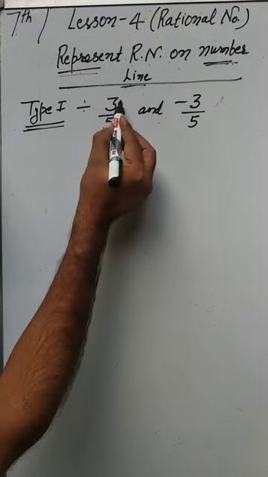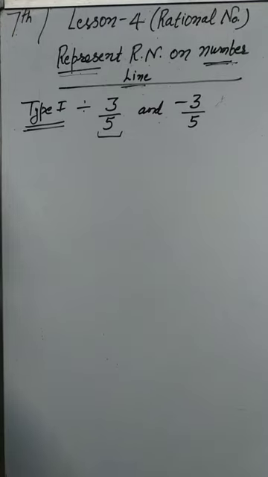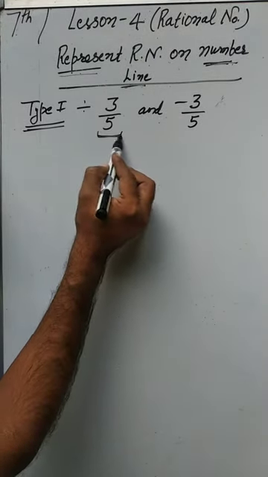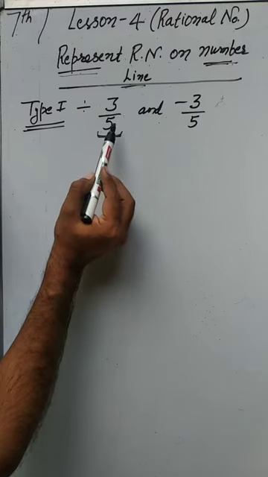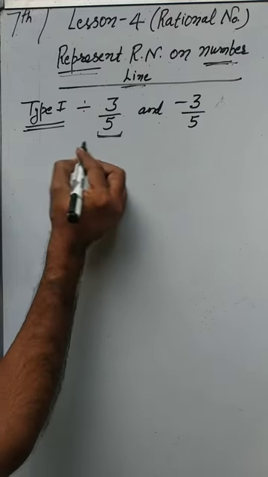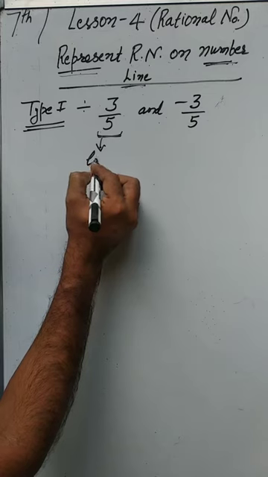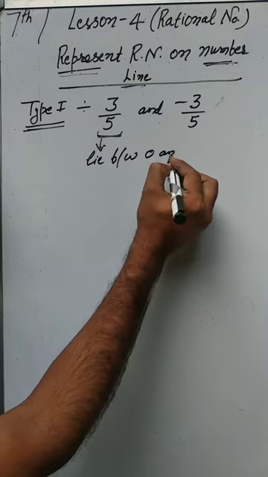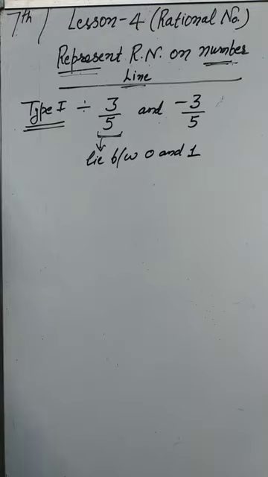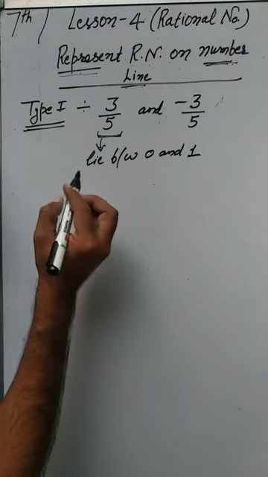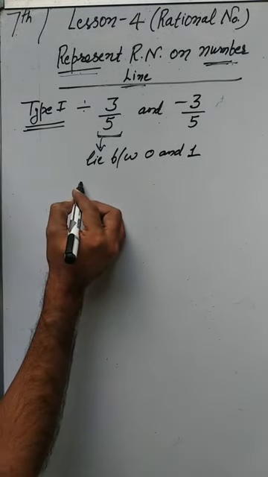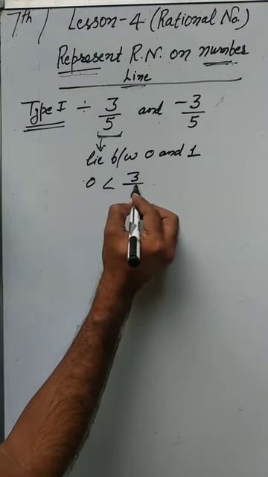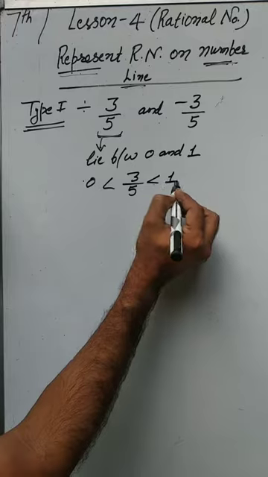Firstly beta, look here, 3/5. All the positive rational numbers in which numerator is smaller than the denominator lie between 0 and 1. Means 0 is less than 3/5 less than 1.